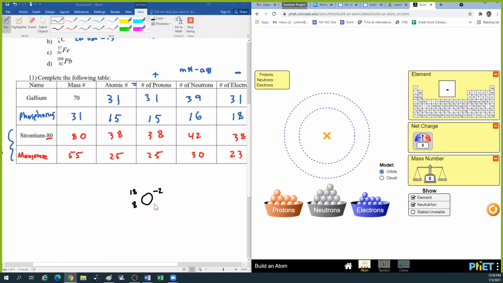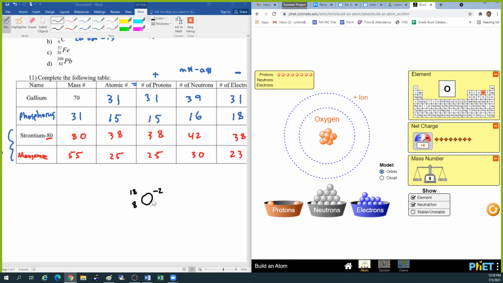In order for me to build oxygen, I have to put in 8 protons. 1, 2, 3, 4, 5. You'll notice I'm just going across the periodic table. 6, 7, 8. So now I have oxygen just based on the protons.